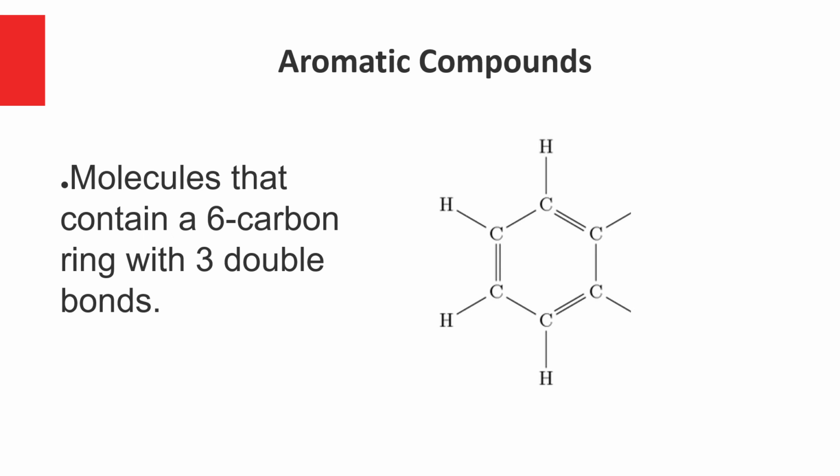And so these are 6 carbon compounds that allow for electrons to delocalize, so the electrons are not shared between 2 carbons. They are actually shared between all 6 carbons. And so these are special structures that are very hydrophobic and that are seen in biomolecules very frequently.